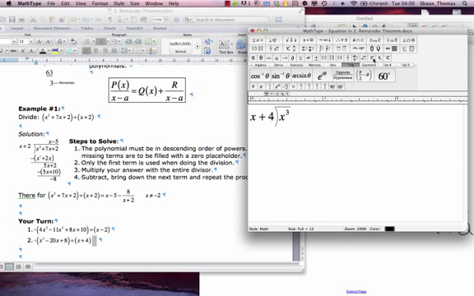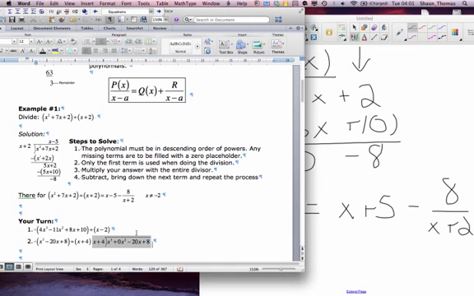I don't have an x squared, so I have to put in the placeholder plus 0x squared, because you have to have that power there, plus or subtract 20x plus 8. This is what I would write in order to do my long division for this question. So that 0x squared is a placeholder.